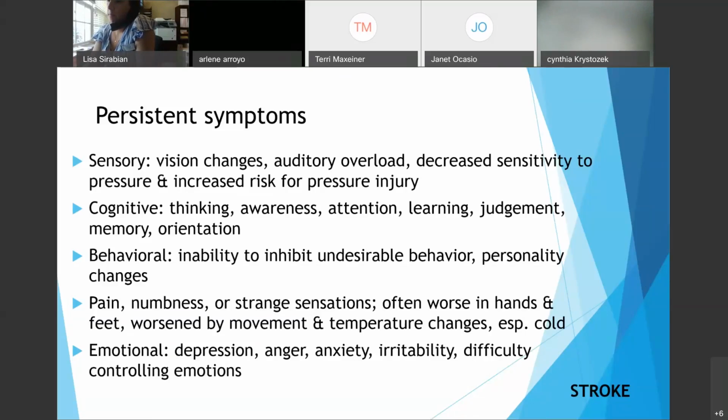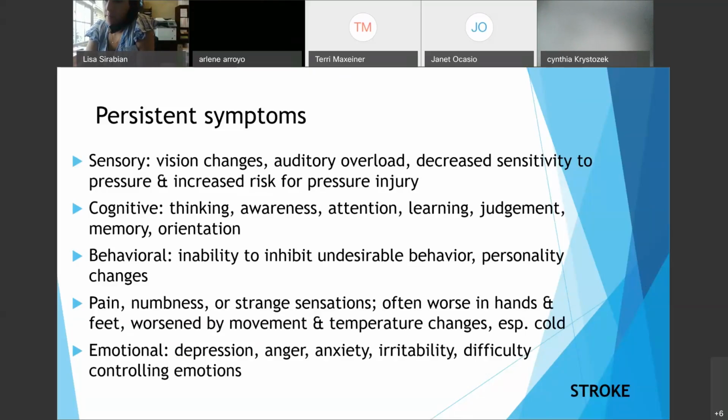We could even talk here about vascular dementia, which could develop over time. We may be dealing with that as well. Behavior, inability to inhibit undesirable behavior, personality changes. Pain, numbness, or strange sensations, often worse in the hands and feet, might be worse with movement, might be worse with temperature changes, especially cold.